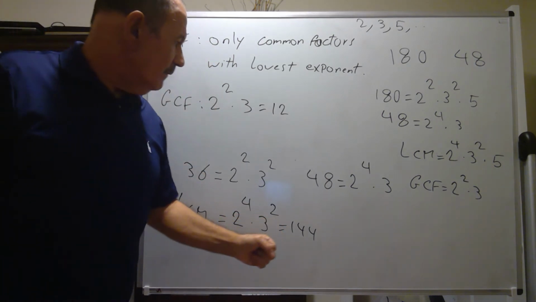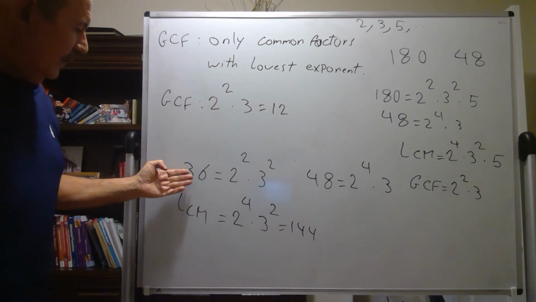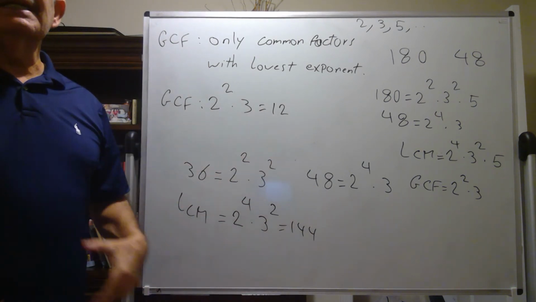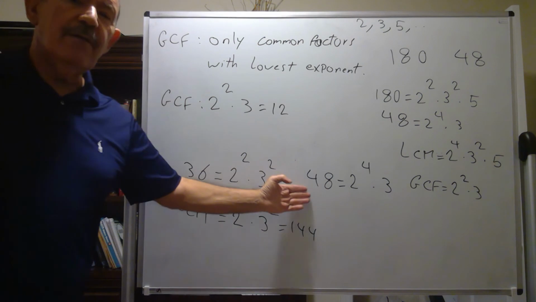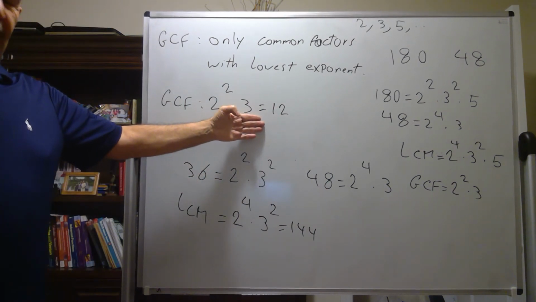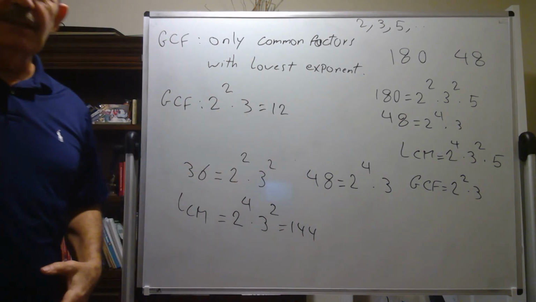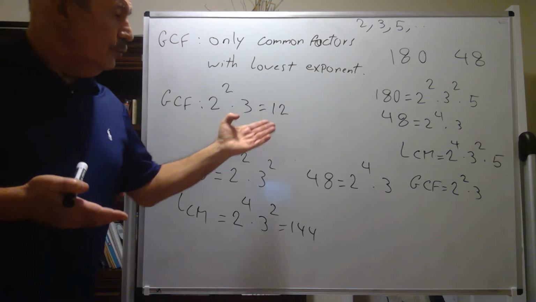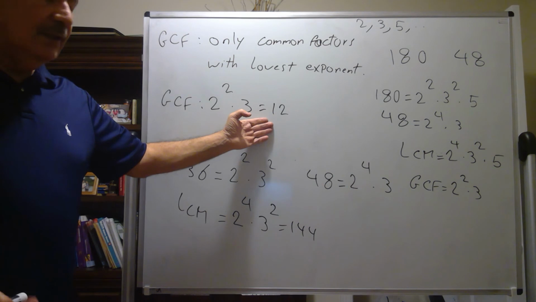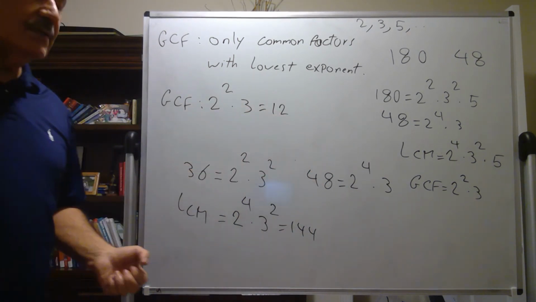What is the meaning of this 12 as a GCF? It means for 36 and 48, 12 is the greatest number that both of them are divisible by. 36 divided by 12, the answer is 3, no remainder. 48 divided by 12, the answer is 4, no remainder.